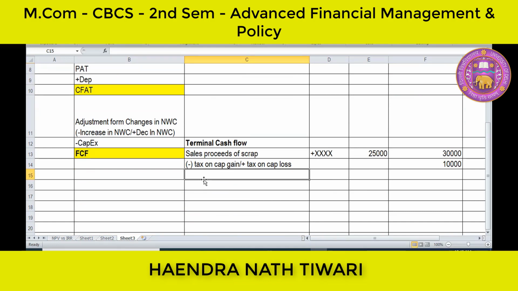So add release of working capital. The working capital now is released, and whatever is the final amount, that is treated as terminal cash flow. I'm not saying that this will always be a negative amount or a positive amount. Depending on your asset, it can be negative, it can be positive.